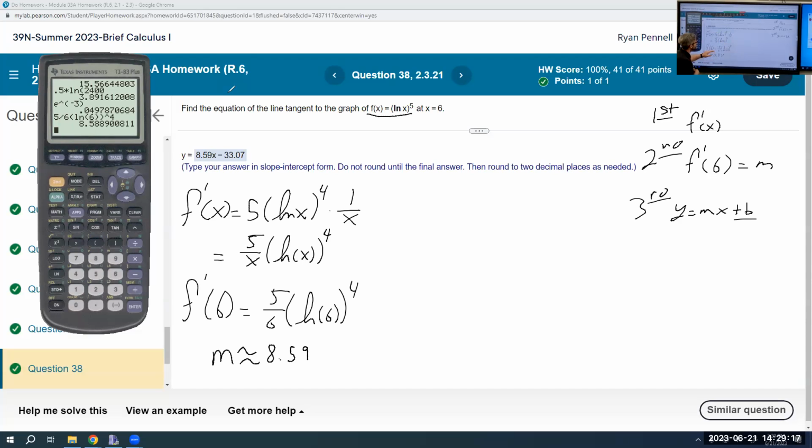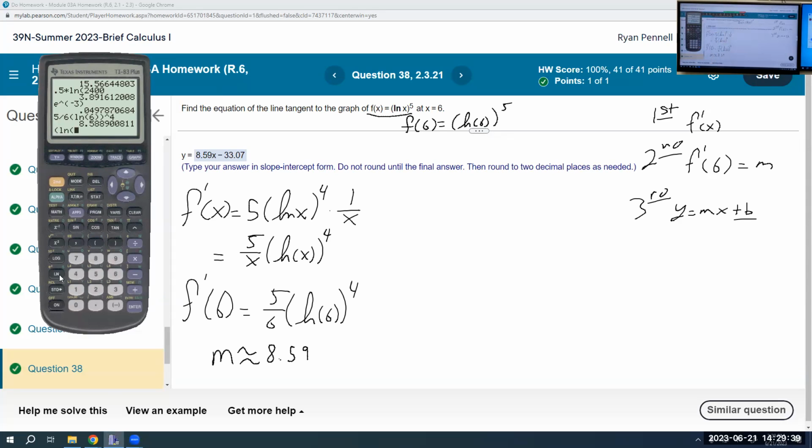They want x equals 6, so I need my y. The previous problem, they gave me the point. In this one, they don't. So I need to evaluate this at f of 6, ln 6 to the 5th. So I need that point as well, because they didn't give it to me.